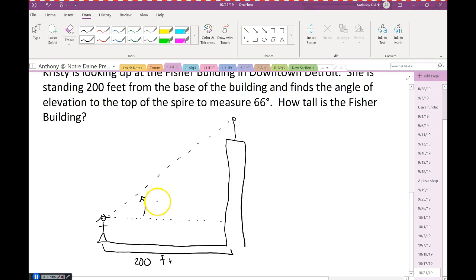So it says the angle of elevation is 66 degrees. So there's that. Now, what are we going to be forced to assume here in this picture, or in this situation? I'm going to assume that Christy is lying down on the ground.